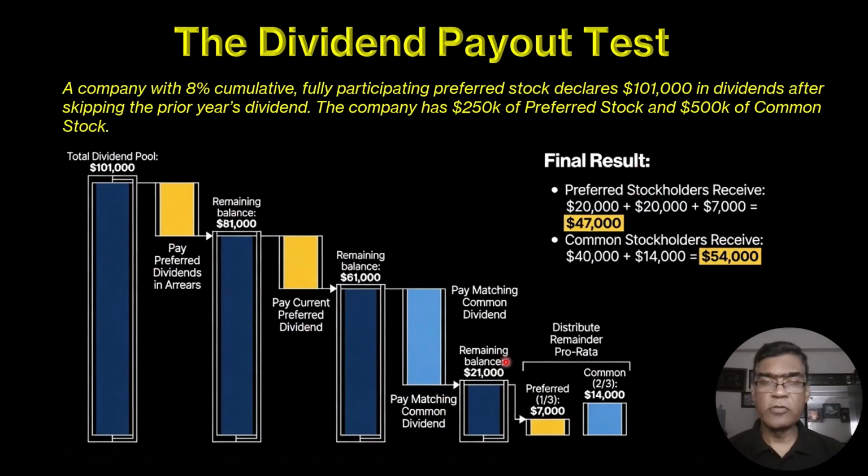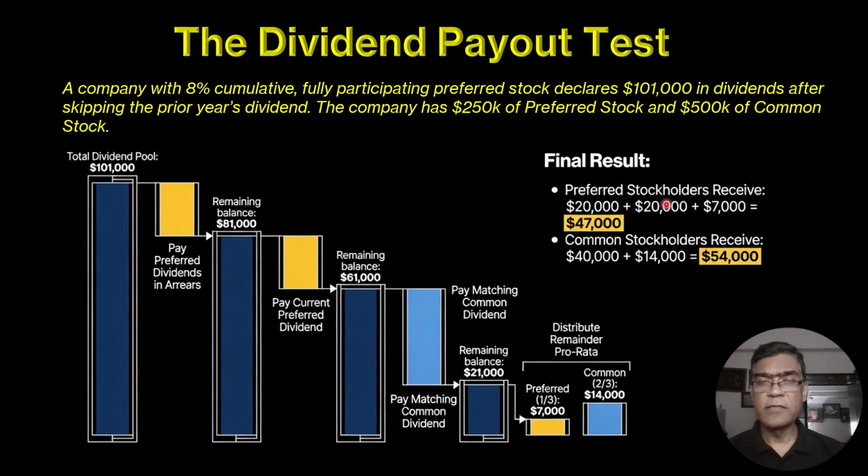So 21,000 should be divided among preferred stock and common stock in their proportionate ratio, in their proportionate capital. So 250K to 500K, the proportion is 1:2. So 1 plus 2 equals 3. So this 21,000 divided by 3 is 7,000. This 7,000 goes to the preferred stock and 14,000 goes to the common stock.